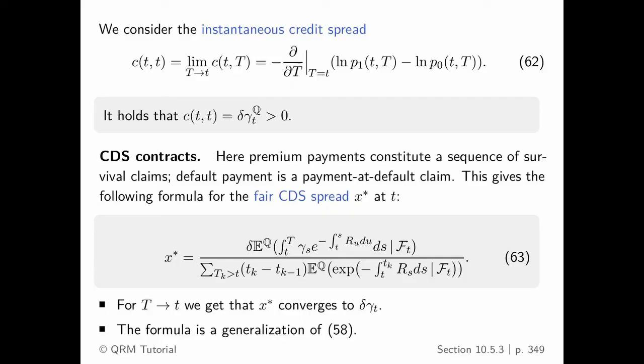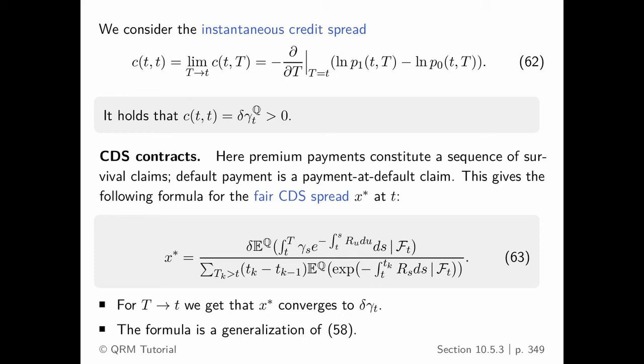This is typically bigger than 0, so in these models you avoid the problem of the structural models. Alex pointed out that short-term credit spreads are unrealistically 0. In these models, this is typically not the case, at least if you use a reasonable model for gamma_t.